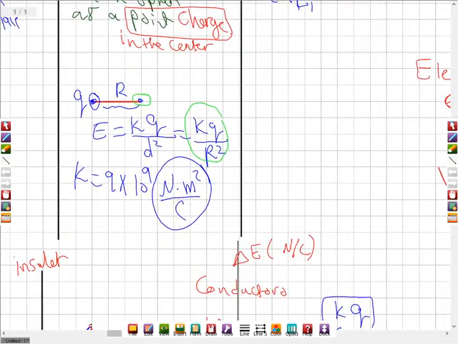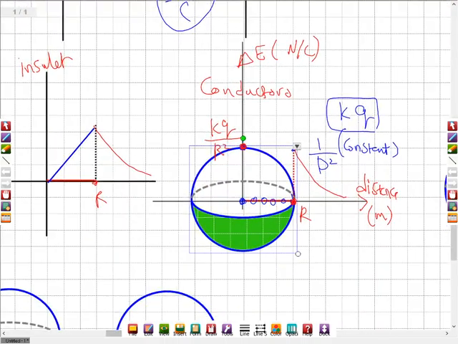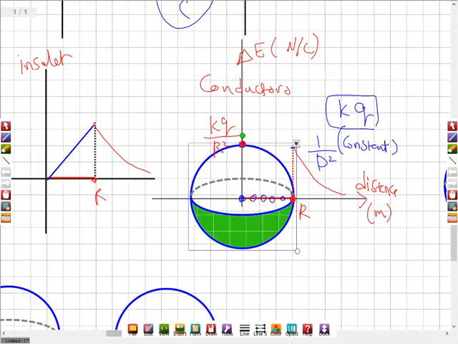Then I grabbed this. This is my sphere. From here to here, there is no electric field. At the surface, the electric field jumps to kQ over R squared. After that, the electric field decreases depending on 1 over D squared. We know from math that 1 over D squared is a rational function, and it goes this way.